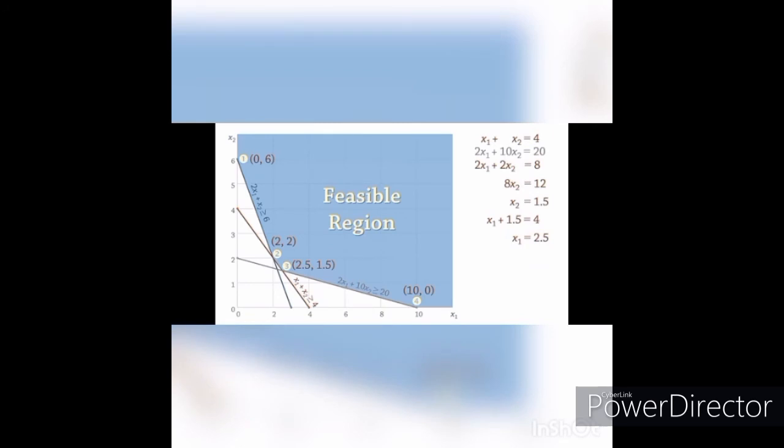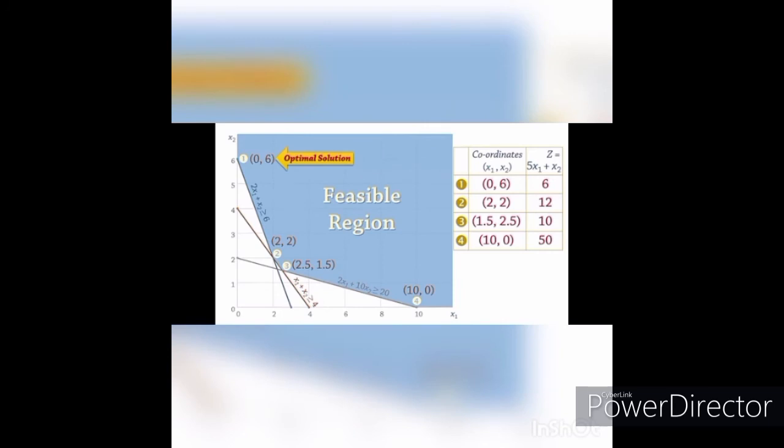And because points 2 and 3 are pretty close together, let's be more careful and investigate every single point. The coordinates at point 1 are 0 and 6, and 10 and 0 at point 4. We can also see here that they are 2 and 2 at point 2.